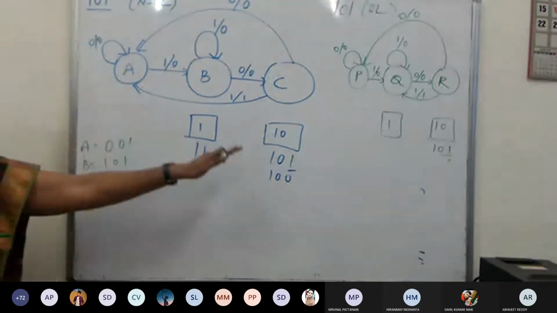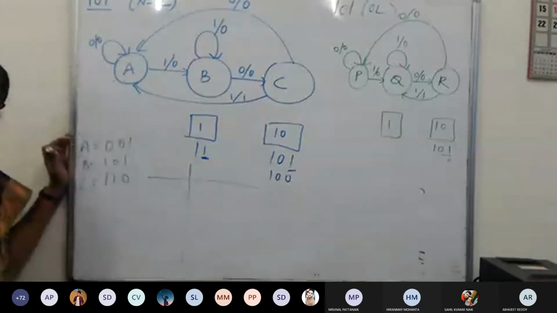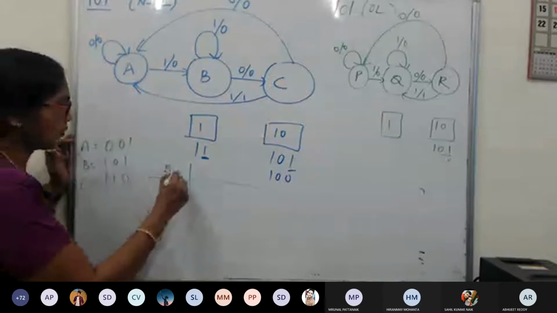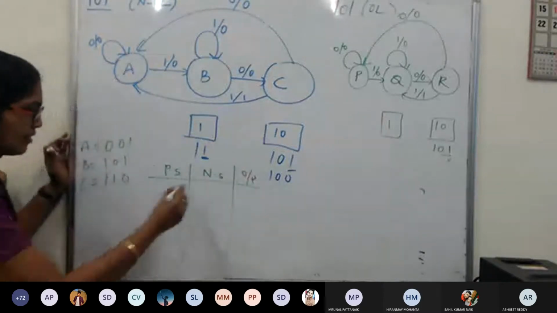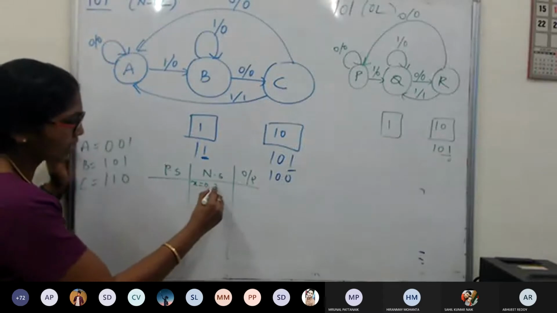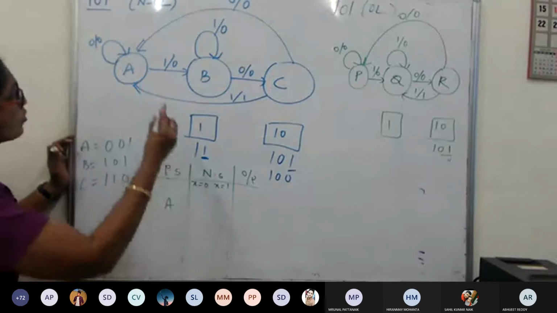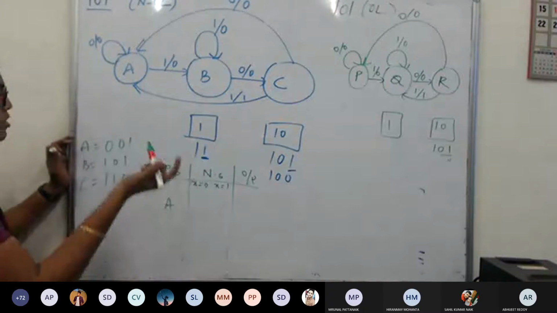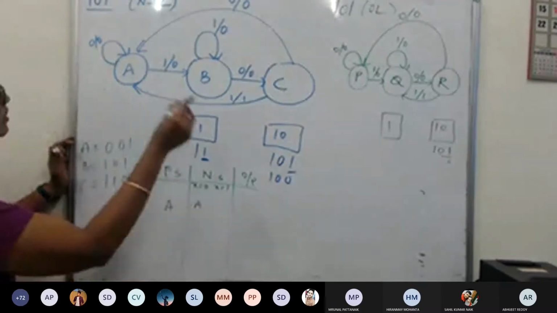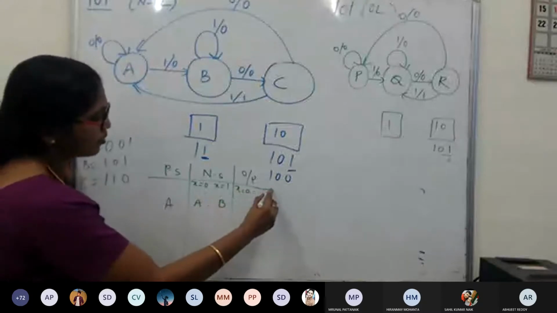So now, once A, B, C is known, can you draw the state table? It is like this only: present state to next state and the output. So x equal to 0, x equal to 1. If you remember, present state A, x is the external input. It is remaining here, and then if it is 1, it is going to be. Okay, so output in both cases you can keep, no problem.